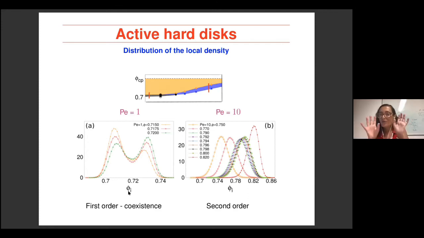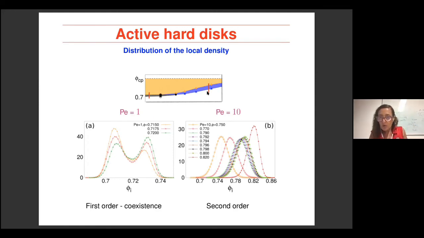You fix this length, and you look everywhere in the sample, and you see that there are regions which are more dense, regions which are less dense, and you have this double peak structure. You can do scalings of these peaks and so on, which I'm jumping over. So this is the sort of double peak structure that you see when you have coexistence.